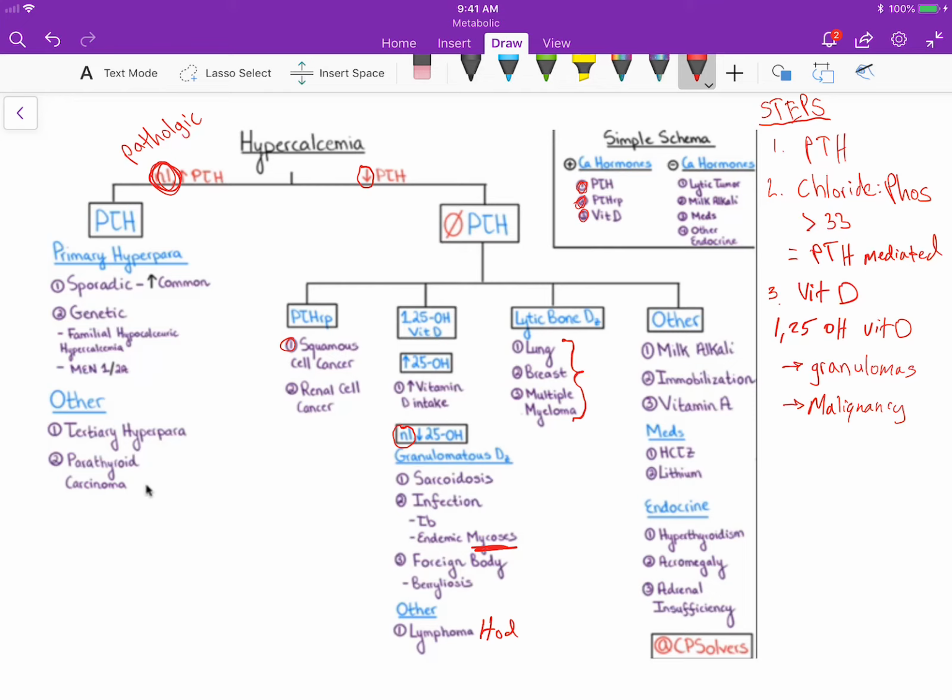So immobilization, which is associated with osteoporosis, especially in children, can cause an increase in calcium due to increased bone turnover. So let me do this here. I like the idea of adding things to this lytic bone disease.